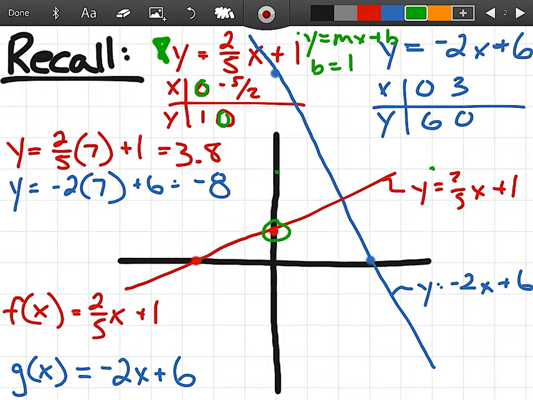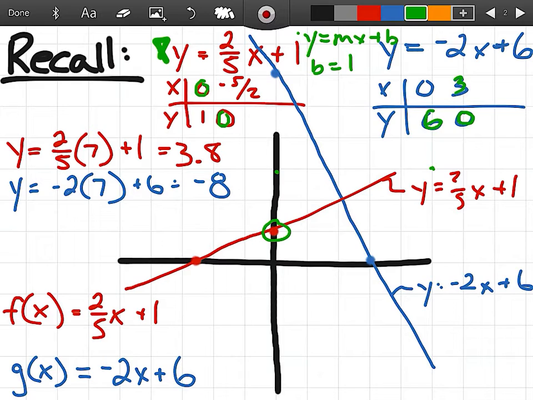I put in 0 for x and received a 6 for y. And if I put in a 0 for y, I get a 3 for x. So these are all my coordinate pairs, and I've plotted them, sketched in a quick little graph of their lines, and labeled my lines.